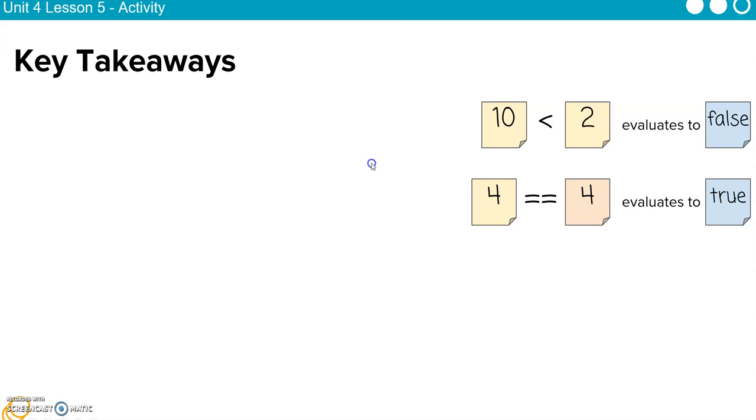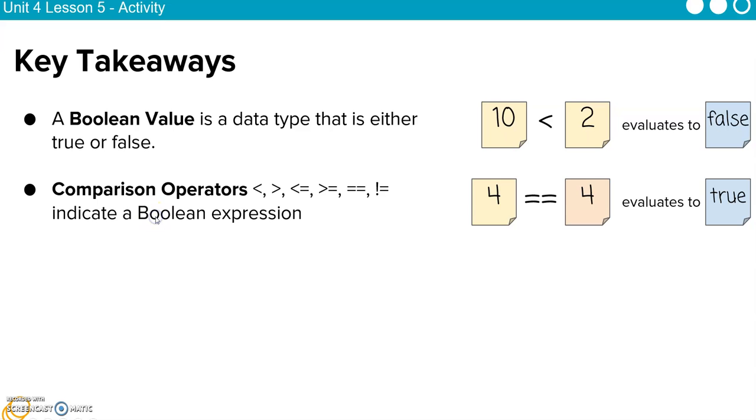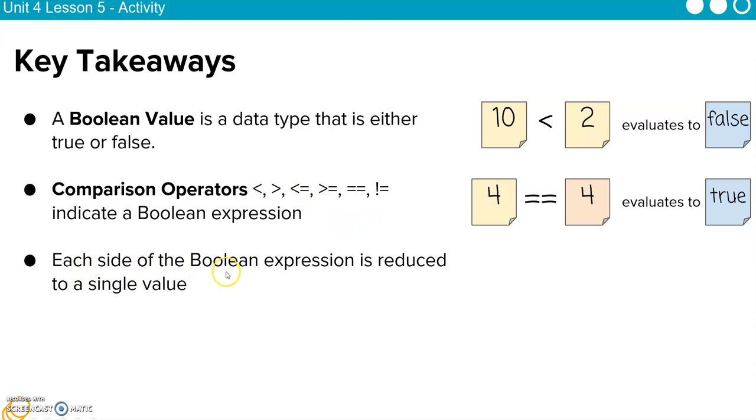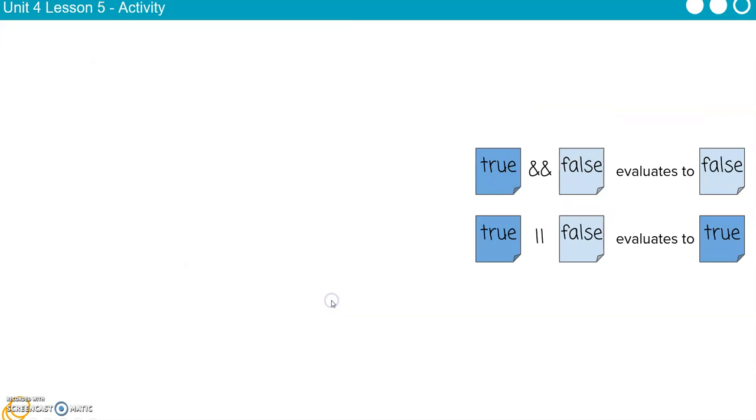In terms of the key takeaways here, a Boolean is a type of data that is either true or false. Comparison operators, we looked at those, there are 6 comparison operators. Each side of the Boolean expression has to be reduced to a single value so you can make that comparison, and the result is either true or false, that Boolean value.